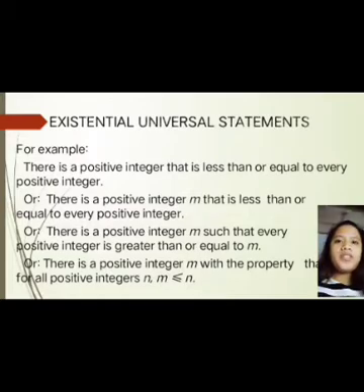An example of such a positive integer is 1. The 1 is less than the other positive integers. Or there is a positive integer m such that every positive integer is greater than or equal to m. The keyword in a sentence gives any, for all, or every. Or there is a positive integer m with the property that for all positive integers n, m is less than or equal to n.